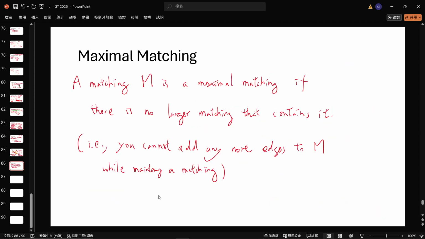So I think it's very easy to find a maximal matching, okay? You just keep adding edges, okay? But when you add edges, you have to be careful that you cannot add edges that will touch other edges that you've already chosen, okay?